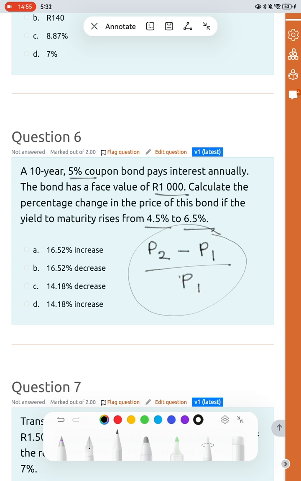This is how you calculate the change, multiplied by 100. So that is how you get your change.